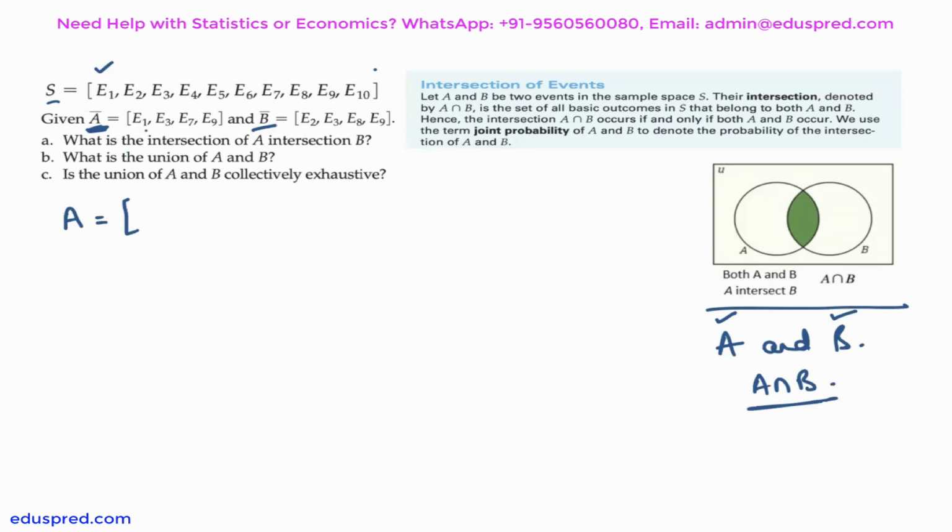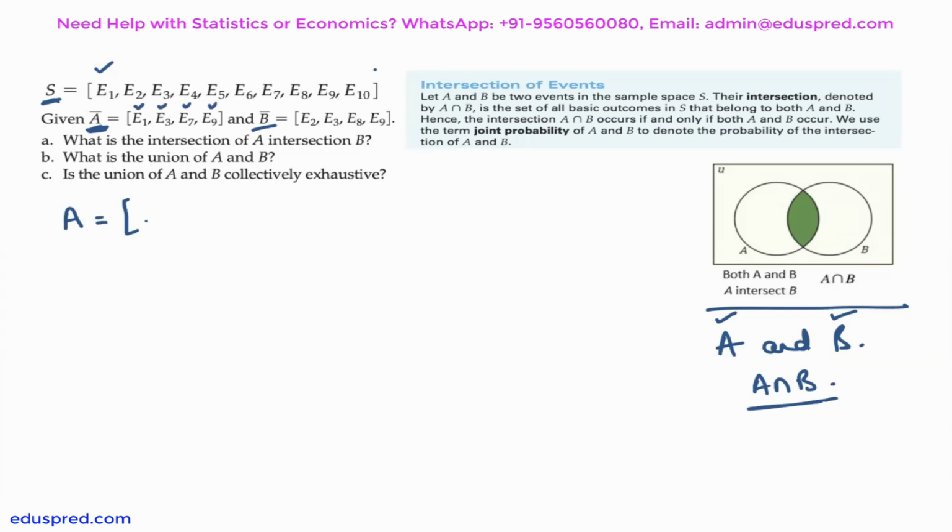So A complement consists of E1, E3, E7 and E9. So basically A will consist of all the outcomes of the sample space other than E1, E3, E7 and E9.